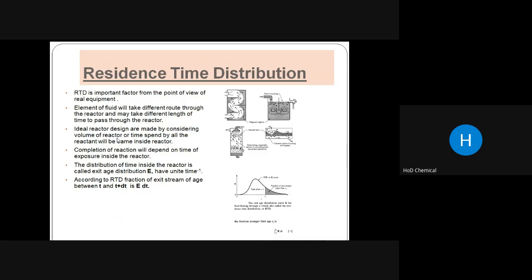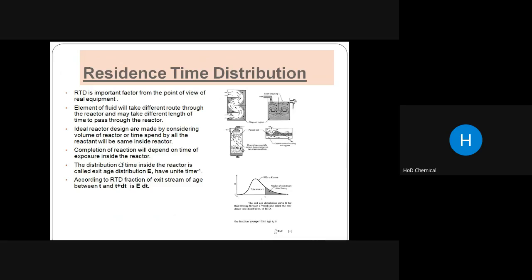Okay. So here the ideal reactor designs are made by many considerations, like the volume of the reactor, or the time spent by the reactant, and then after releasing, the time spent by the product.